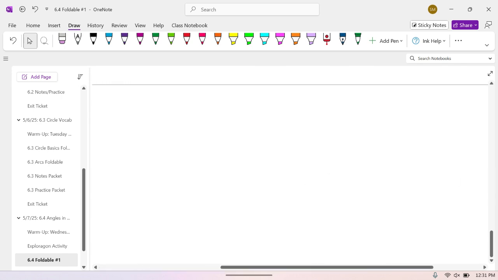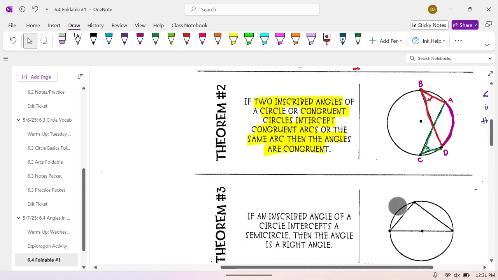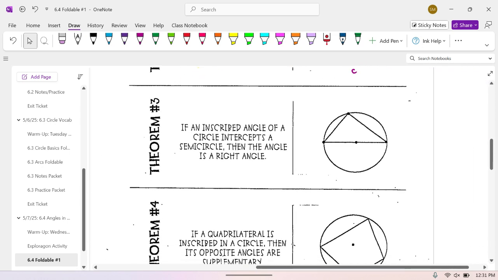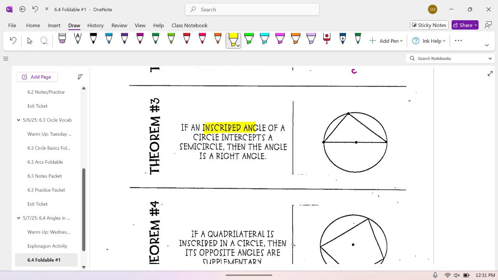All right. The next theorem is that if an inscribed angle of a circle intercepts a semicircle, then the angle is a right angle. Why is that true? This inscribed angle intercepts a semicircle.